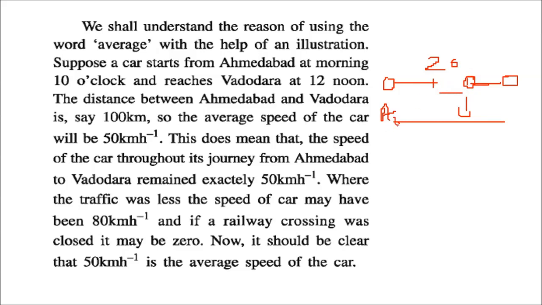So the average from A to B, Ahmedabad to Vadodara, is 50 km per hour. But it does not represent the actual speed you maintained during the travel, because at some time you were at 20 km per hour, at some time at 80 km per hour. So when we combine and average them, we say it is some 50 km per hour. I hope you got the idea.